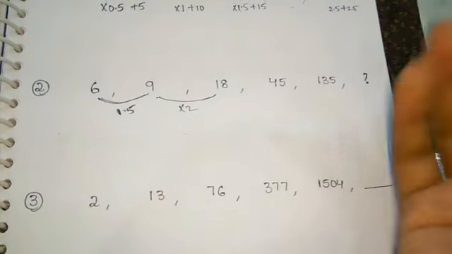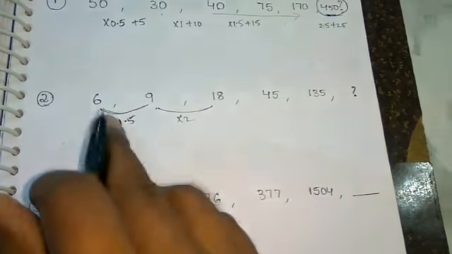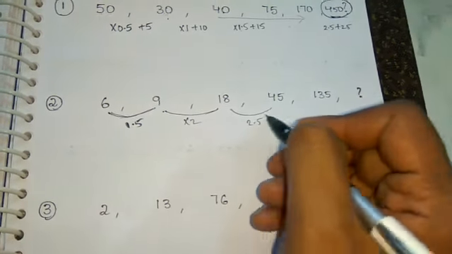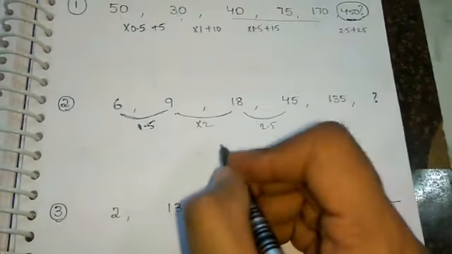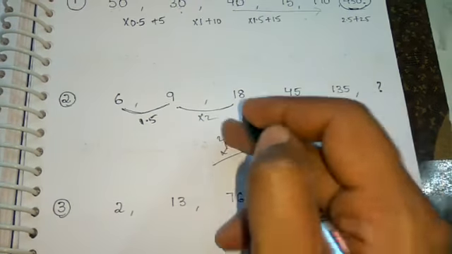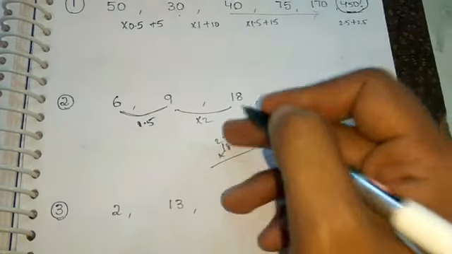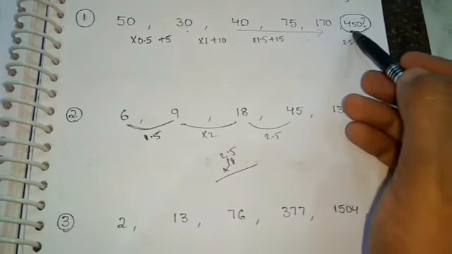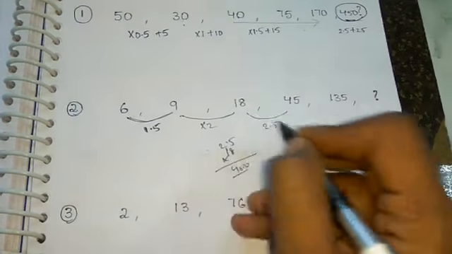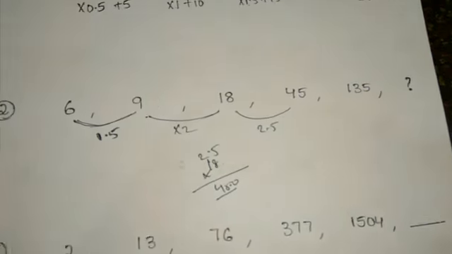So 6 into 1.5, then 2, and it can be 2.5. So 18 into 2.5. 18 into 25 is nothing but 450 itself, so with the decimal point it is 45. So 18 into 2.5 is 45.